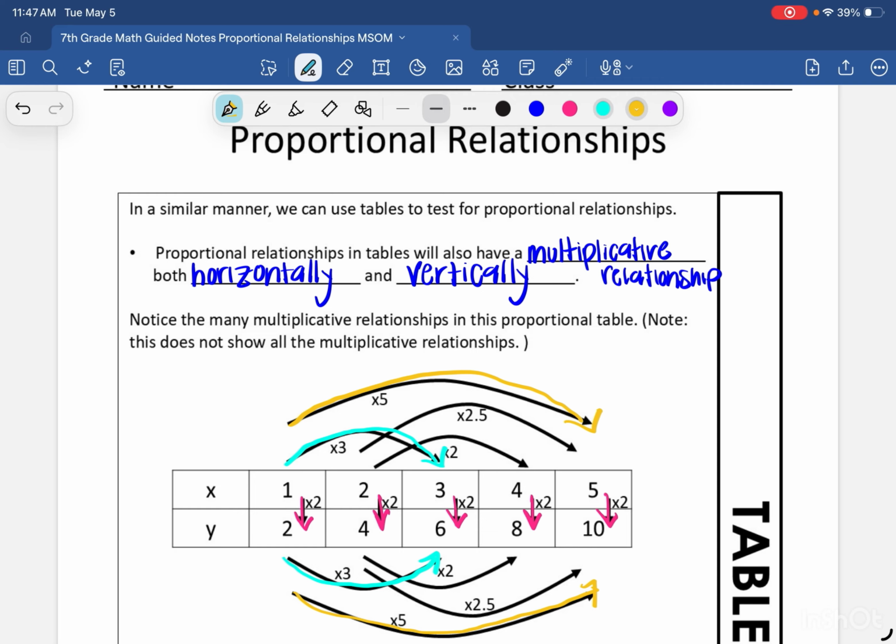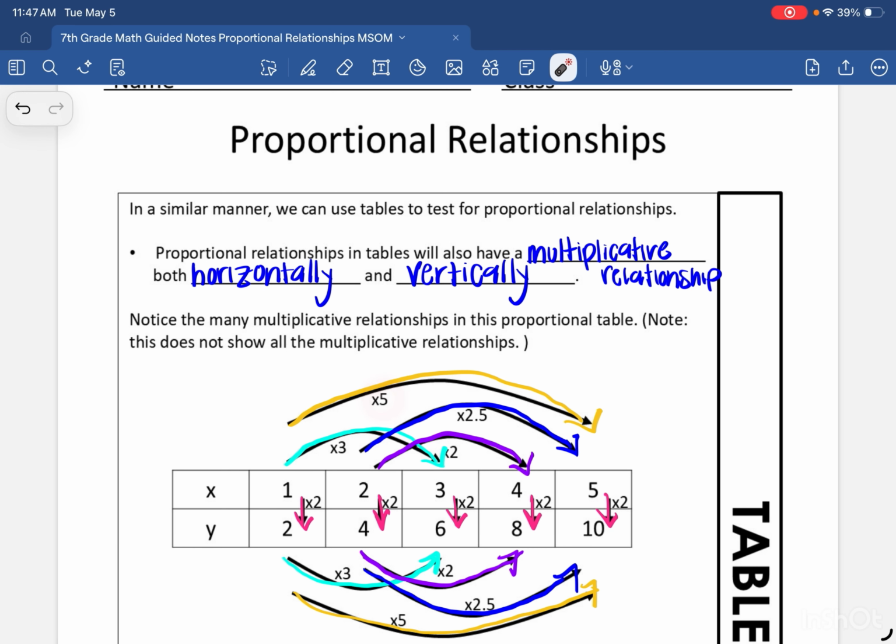Or I can even go from 4 to 8. 4 to 8 is multiplying by 2. Therefore, 2 to 4 is multiplying by 2. Or I may even notice that 2 to 5 is 2.5, and 4 to 10 is 2.5. So going across, I can notice that the multiplicative relationship stays the same when I'm going to the same column.